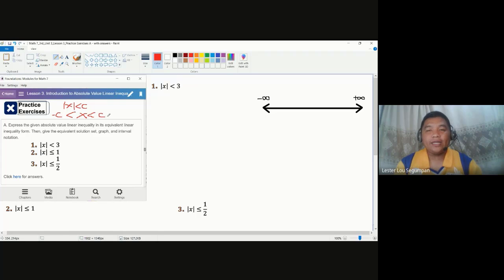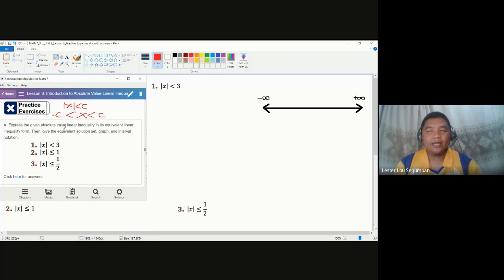The other way of reading this is that we actually look for values of x which are greater than negative c but less than c. Do not worry if I read this notation as greater than, even if it looks like a less than symbol. I read it as greater than because we started in the middle.